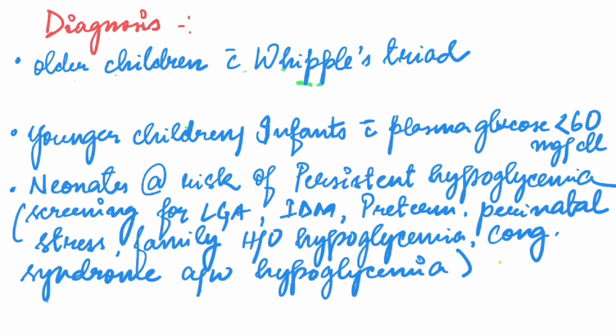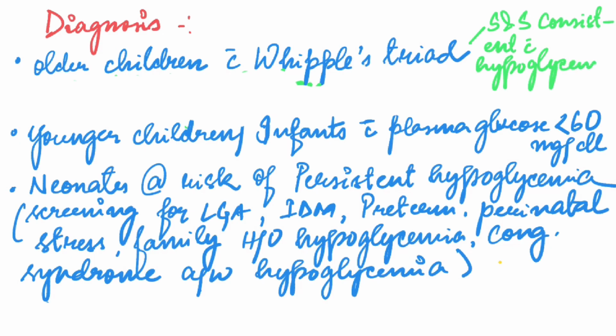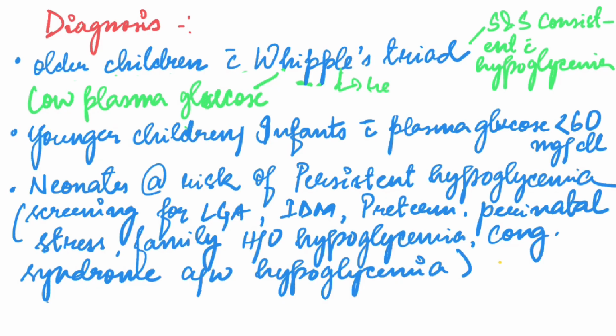It's a triad of signs and symptoms consistent with hypoglycemia, low plasma glucose concentration, and resolution of the signs and symptoms on correction of the plasma glucose.